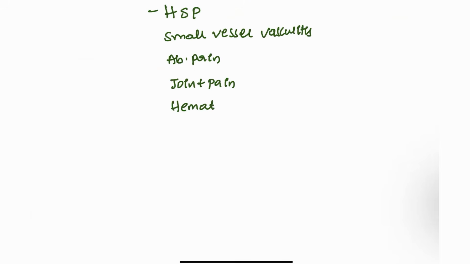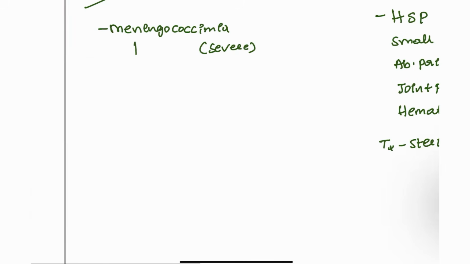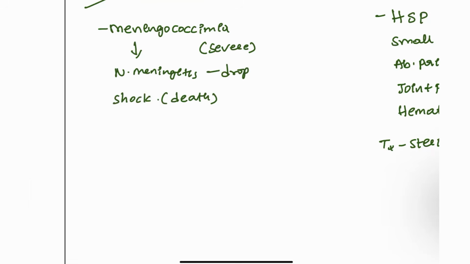And what is the treatment of choice? Steroids. Next, meningococcemia: the cause itself is Neisseria meningitidis, highly toxic, so patients can also go into shock. The baby can even die, so it is a very detrimental condition and highly transmitted by droplets. So the treatment will be antibiotics.